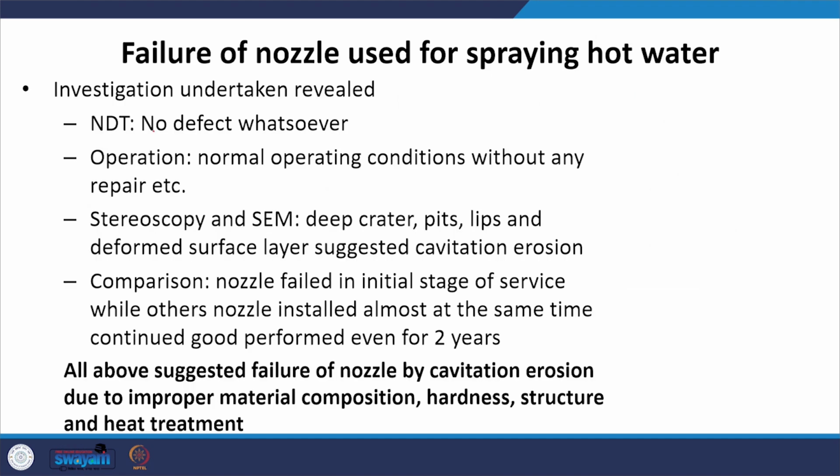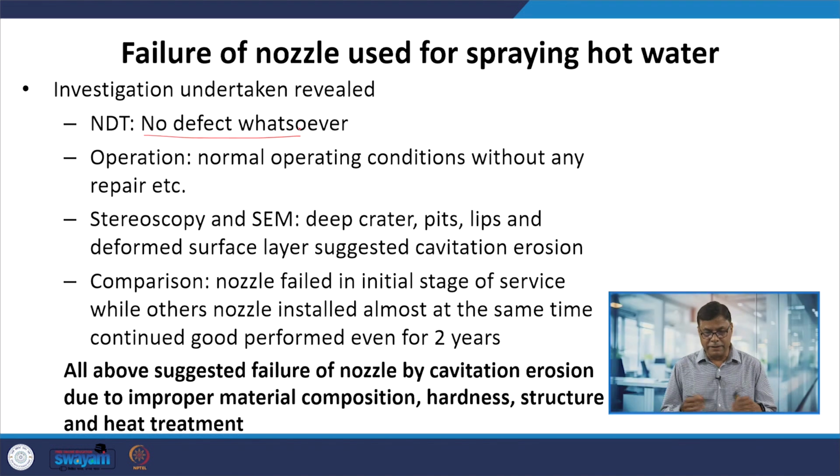The further investigation revealed that there was no defect whatsoever in the nozzle, only surface irregularities, and the cavitation effect was observed at the surface in the form of irregular holes and enlarged holes. It did not reveal any kind of defect. Normal operating conditions were also observed, without any previous repair.